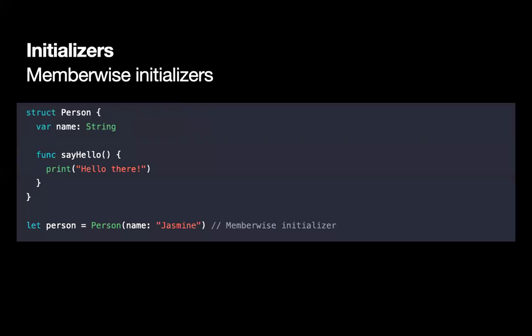Here we created a method sayHello, which prints hello there. When we create the instance of Person and pass the name, that is the member-wise initializer for this structure.